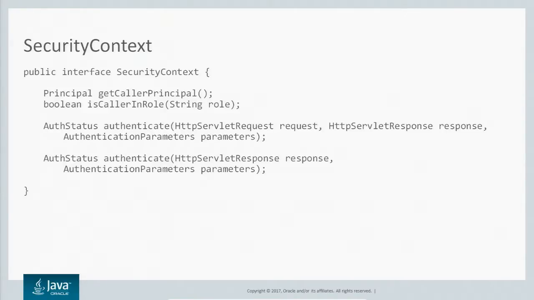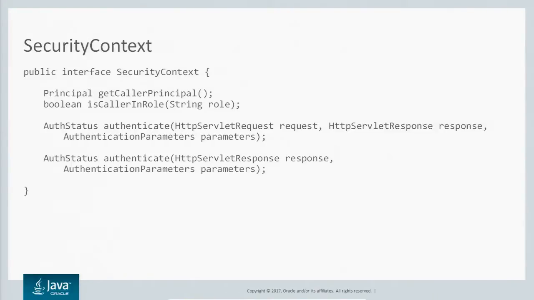That's the interface. The additional parameters on authenticate are basically a way of providing a little bit richer input and a little bit richer response reflecting what you might be able to do with an HTTP authentication mechanism and, for that matter, with JASPIC.